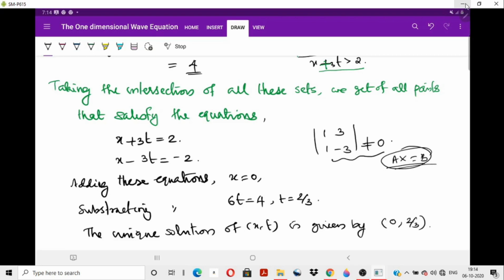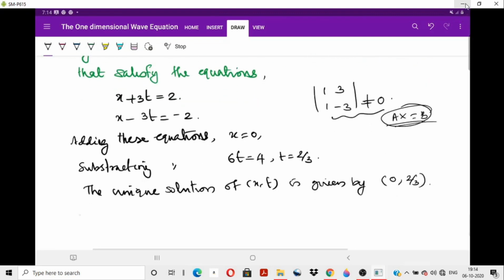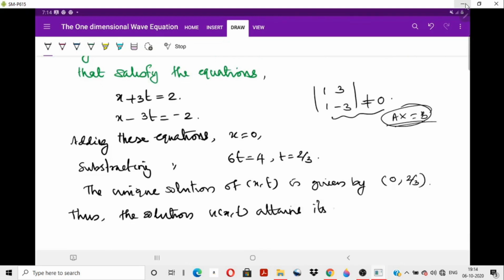So the solution achieves its maximum. Thus, we can say that the solution u(x,t) attains its maximum only at the point (0, 2 by 3).